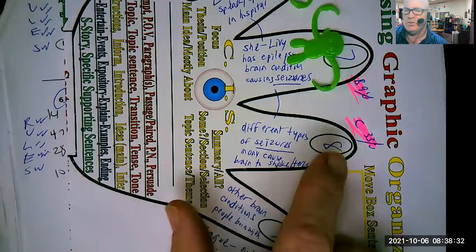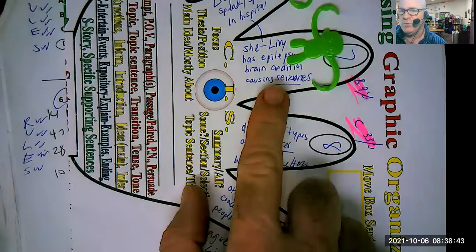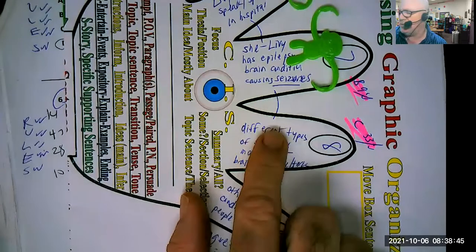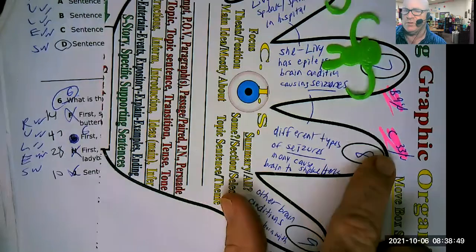Because seizures was about the topic of the previous sentence, these can web together, and as you can see, only 33% of the students chose that.